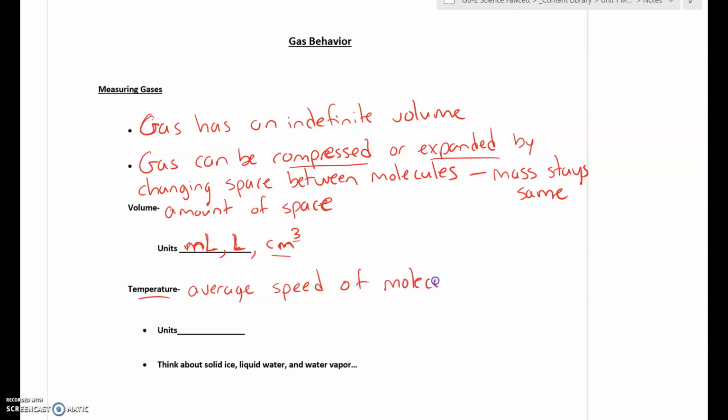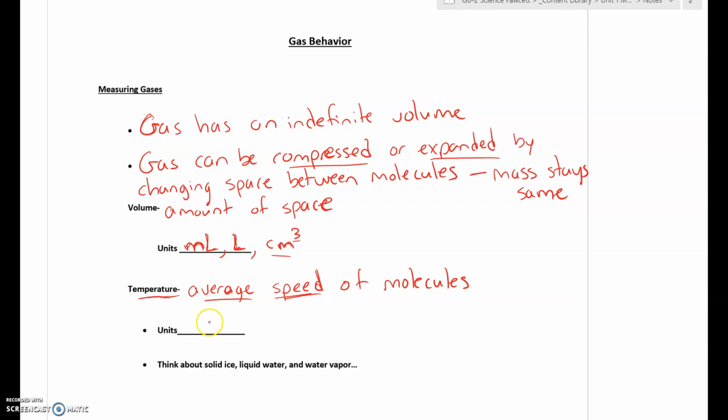And that will become important later on in the year, where when we talk about the number of molecules compared to the average speed, the total amount of heat can be different than temperature, because heat measures total energy, whereas temperature is average energy. So we can measure something about how fast the molecules are moving when we measure temperature.